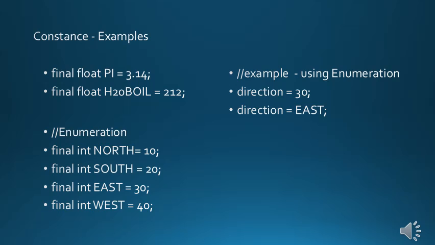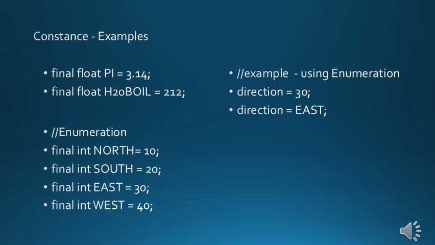Can you use other data types in here besides float? You can. You can use any of the data types. You're just not limited to float. We're going to talk about enumeration a little later on, but enumeration is using a variable name instead of a value.